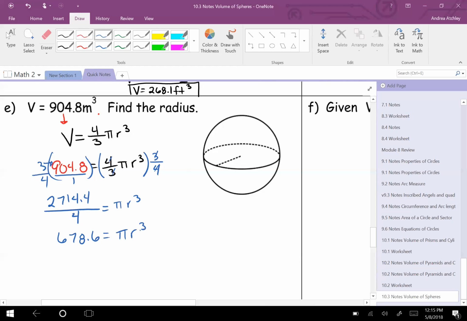Any questions so far? Did I lose anyone? No? Okay, any ideas of what I should do next? Good, now I should divide by pi. I want to get rid of the pi, so I'm going to divide by pi.